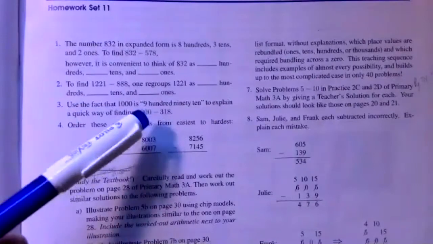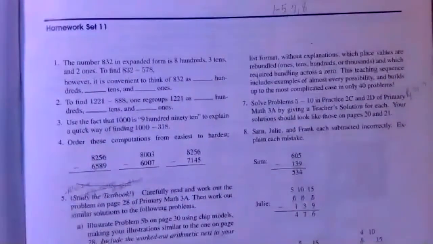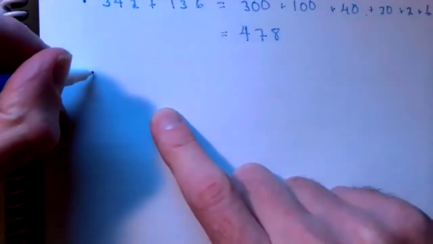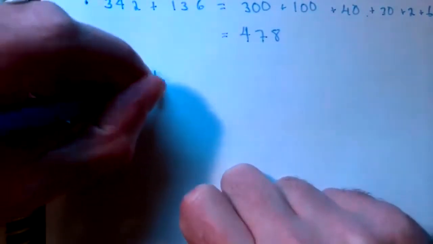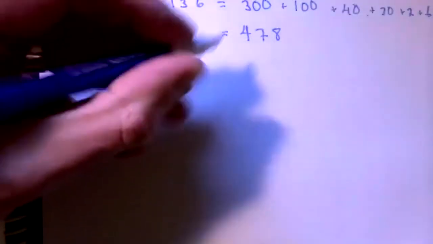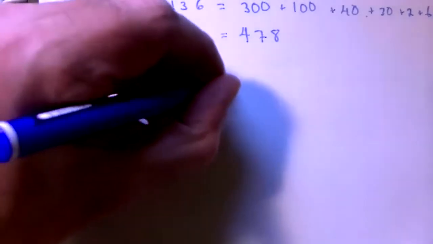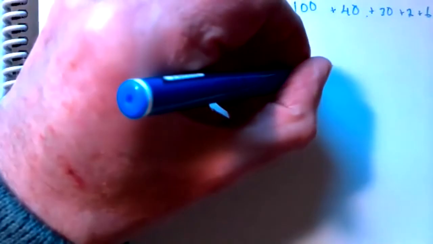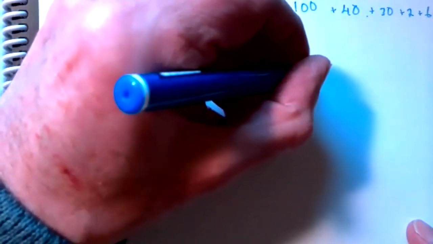Okay, now if I were to do the ordinary expanded form, okay, let me do a similar problem here. Let me do this example. So to compute, let me do something where I'd have to borrow.